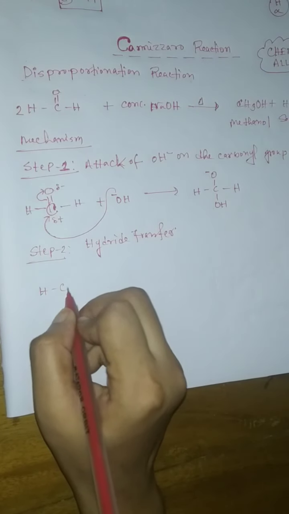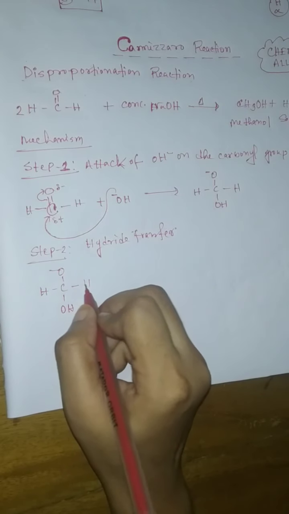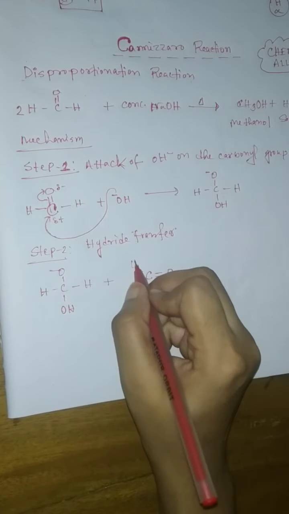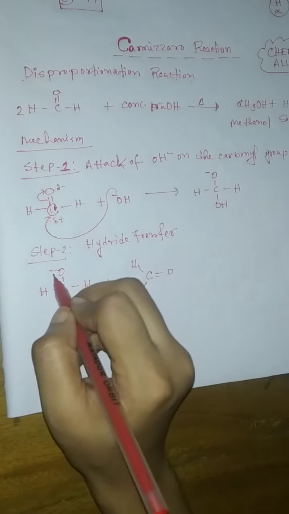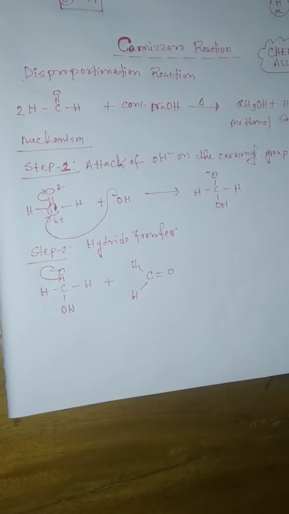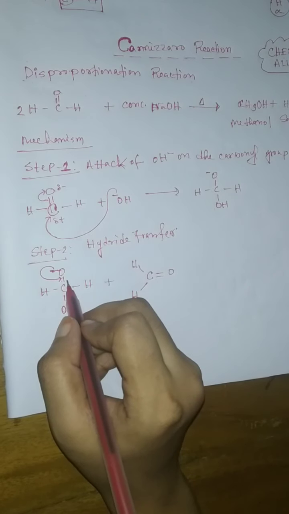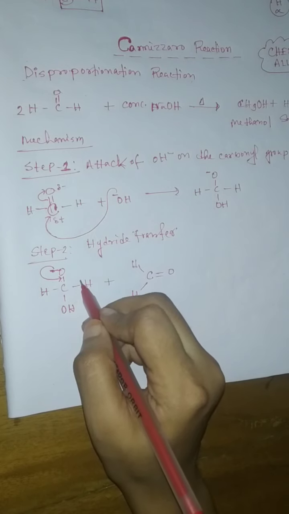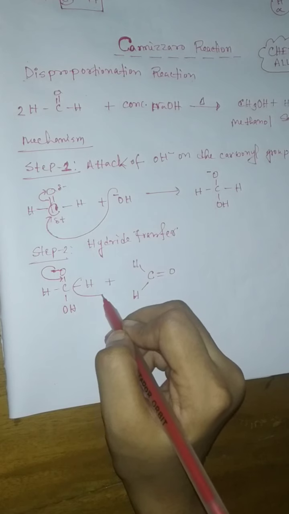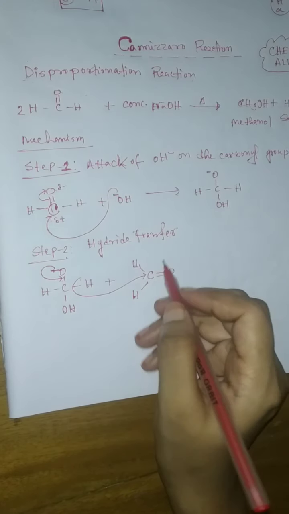So if we draw this in this way, OH, and there is hydrogen, and another molecule of formaldehyde, then what will happen? This negatively charged oxygen will give these electrons in this way, and here the electron density will be increased, and the hydride, taking these two electrons, attaches to this carbon, that is the carbonyl carbon.